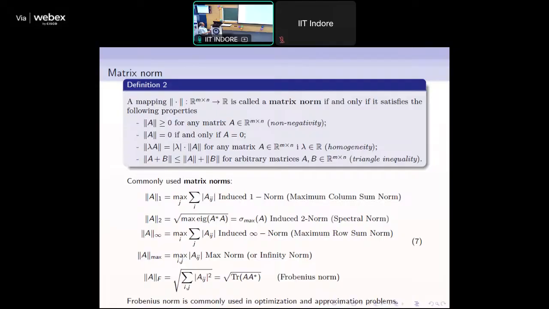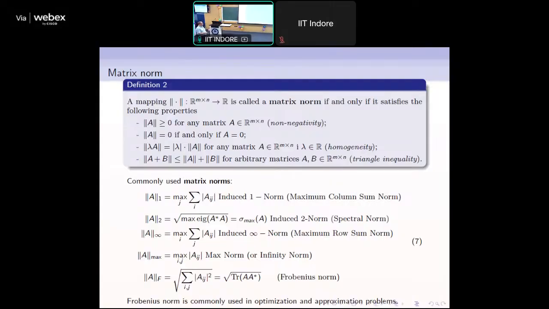The first property is non-negativity, which means that the matrix norm is a non-negative function. The matrix norm is 0 only for the 0 matrix. Then the property about the matrix norm and a scalar value lambda, and the triangle inequality. Each matrix norm must satisfy such 4 properties.